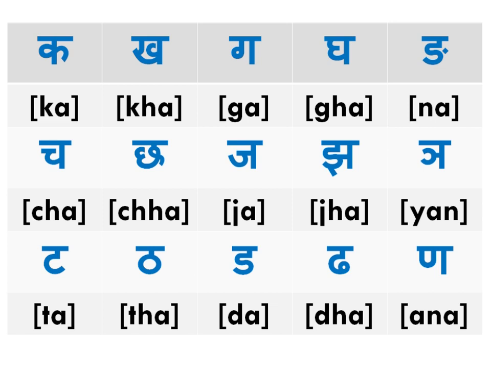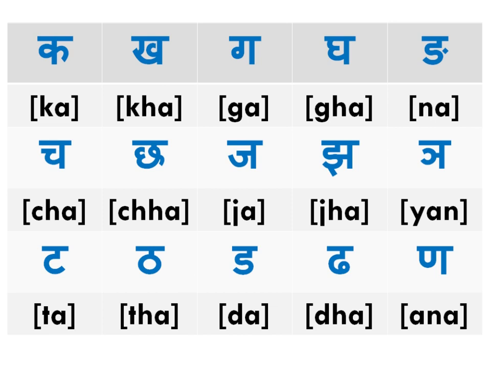Now third row. In the third row, sound is produced by placing the blade of the tongue on the back side of the upper teeth. That means these are dental sounds. Let's start. The first letter is Ta. T-A, Ta. Tha. T-H-A, Tha. Da.